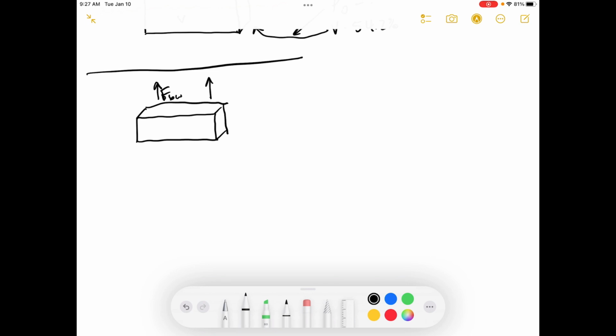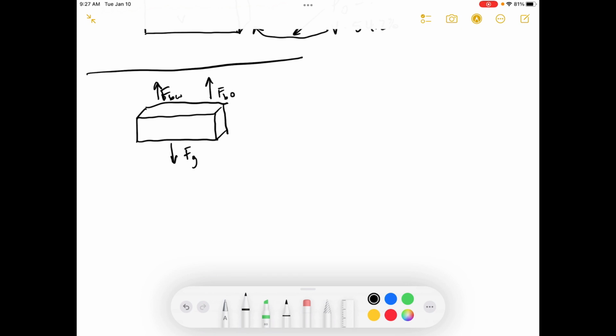And then there's a buoyancy force of the oil on the block for the part that's in the oil and the part that's in the water. And then there's just the plain weight of the block. So we'll call that Fg for gravity. The block has a certain mass, and gravity is pulling down on that. And the block is not moving.